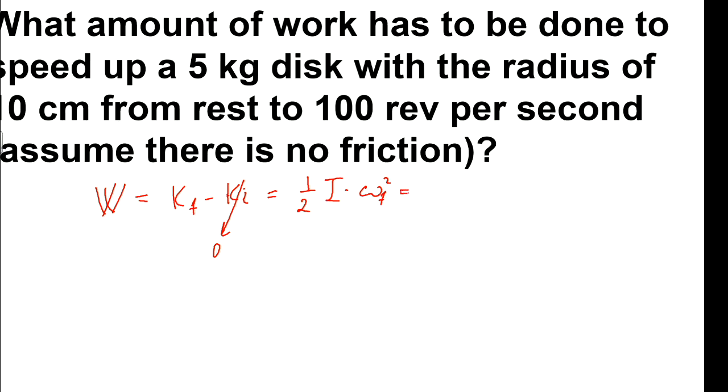Now we can make a mistake only if we don't convert units correctly. What should and what should not be converted? Well, first of all, what shape is it? Disk.